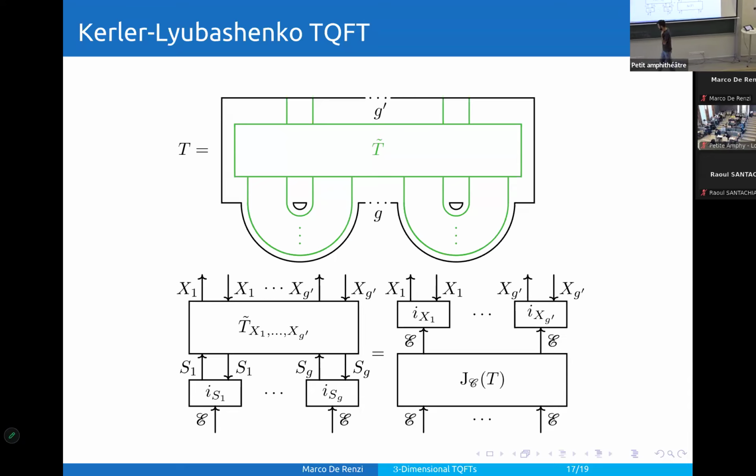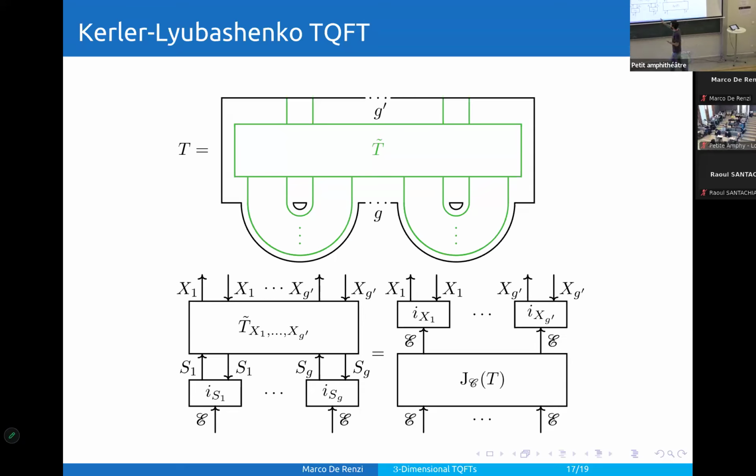And this association from a regular diagram of a top tangle to this morphism does not depend on the regular diagram I chose for my top tangle. Different choices yield the same morphism here. And these morphisms are functorial.